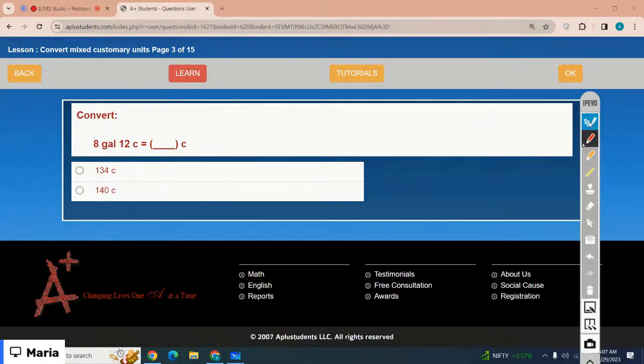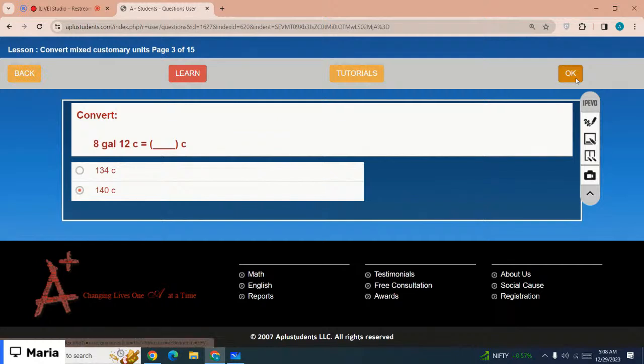You have 8 gallons, so 8 times 16 is 128, and you already have 12 cups. So add 12: that is 140 cups. The correct option is 140 cups. The second option is the correct one.